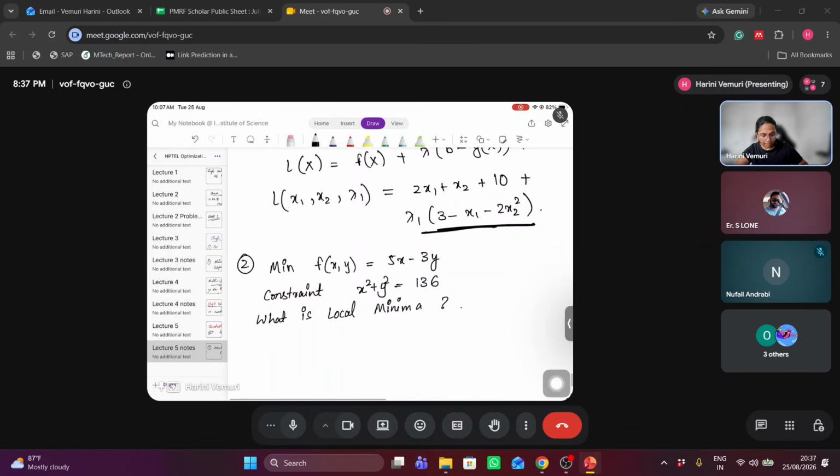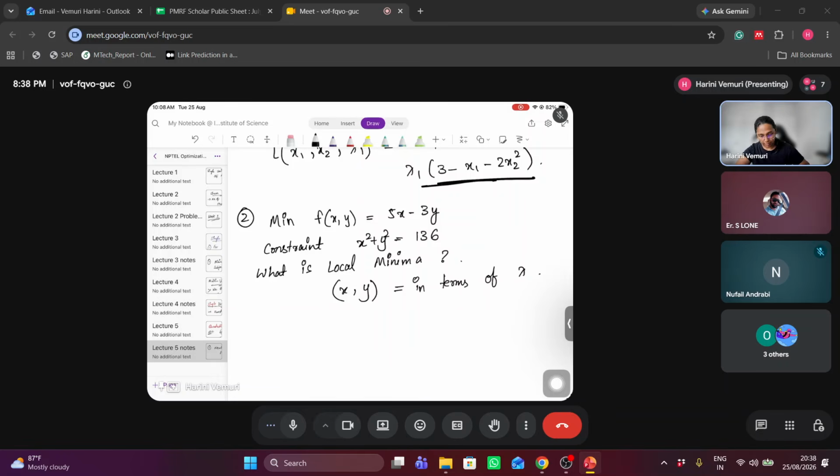You can tell me x comma y in terms of the Lagrangian multiplier lambda. Okay. Where does the local minimum exist? Take 1 minute.